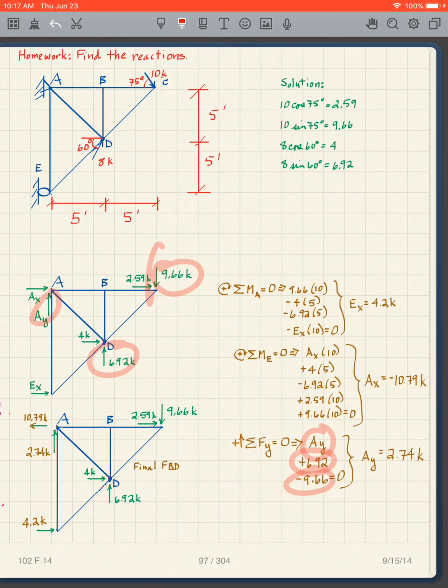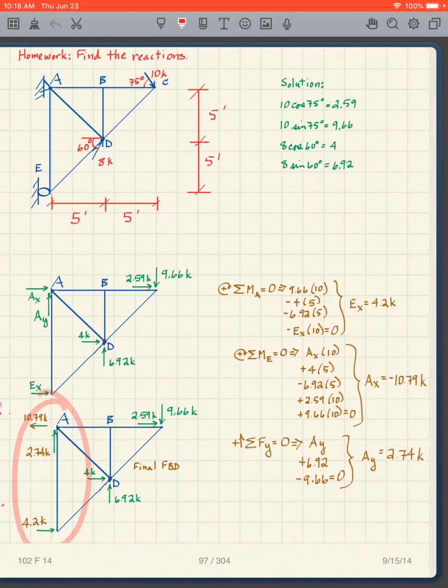The 9.66 is downward, so it's negative. And I solve for AY, I get that. Reverse the arrow for that one. Those arrows don't change. And this is my final free body diagram right there.